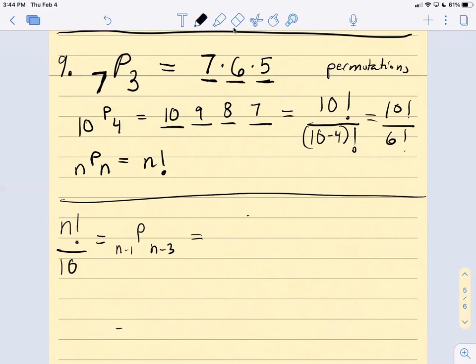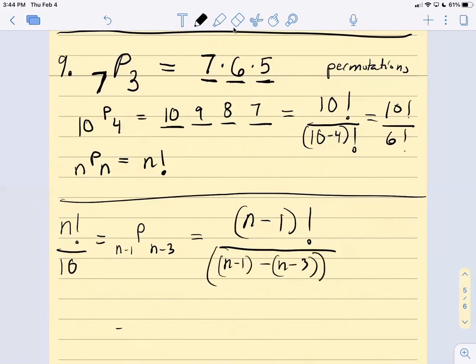If you want to use the pattern, you can just plug it in and think about what it represents. It's basically (n minus 1) factorial, but you're not doing the full thing. You're going to leave 2 spots, so you do (n minus 1) minus (n minus 3). I don't mean to confuse you when I'm writing this. Let's say 100 is n minus 1.